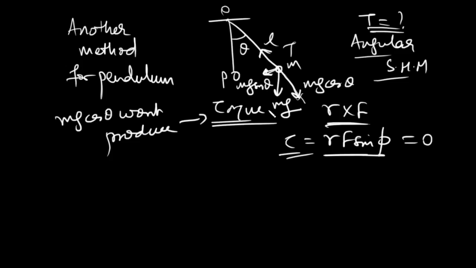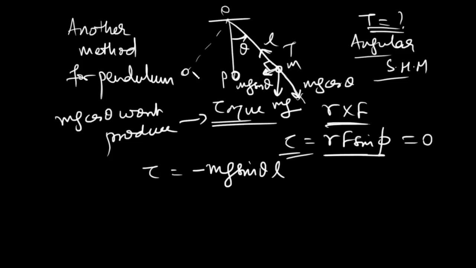Only mg sine theta will, and mg sine theta is 90 degrees with L. This means torque will be equal to minus mg sine theta times L sine 90, which is obviously 1. Why am I putting the minus sign? Because this torque brings back the particle to this point P. For example, if I have displaced this particle along this line and I have left the particle, it is coming back.